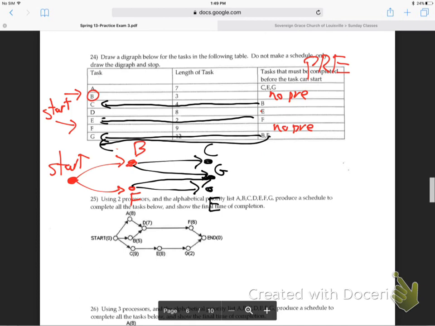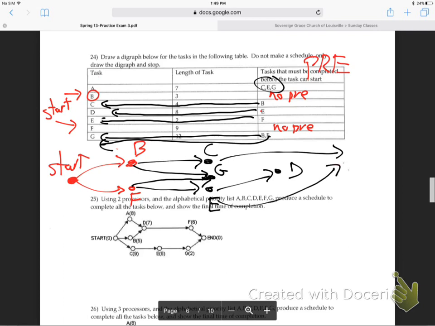Then E to D. And I forgot these up here: C, E, and G all point to A. And then A must go to the end.